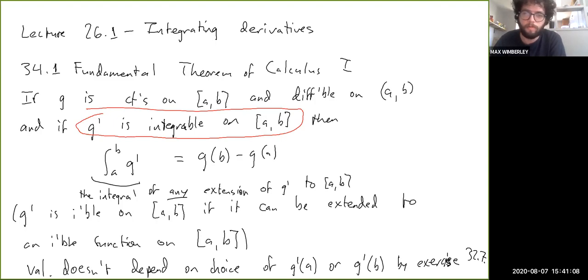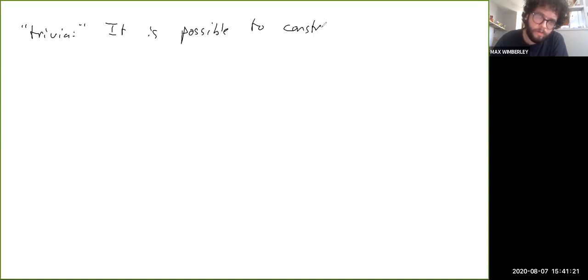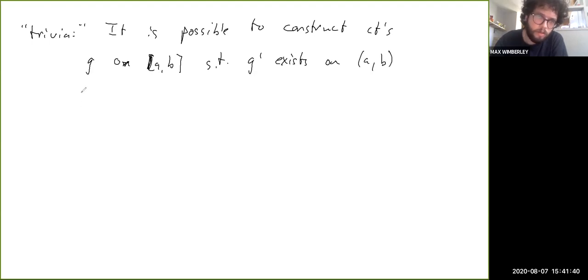This is kind of trivia: it is possible to construct a continuous G on some closed interval such that G prime exists on the open interval (A, B), but G prime is not integrable.